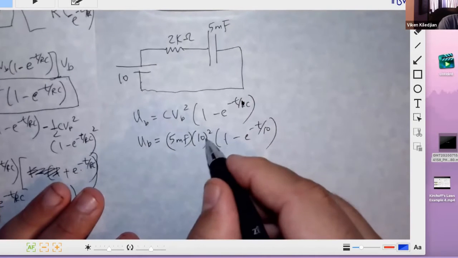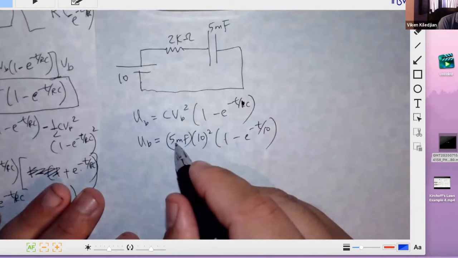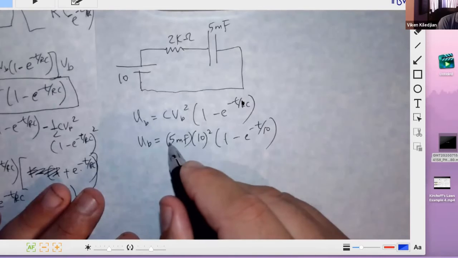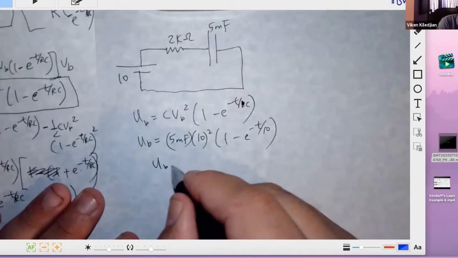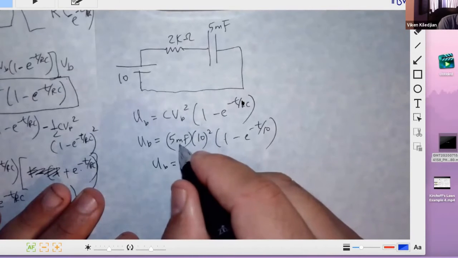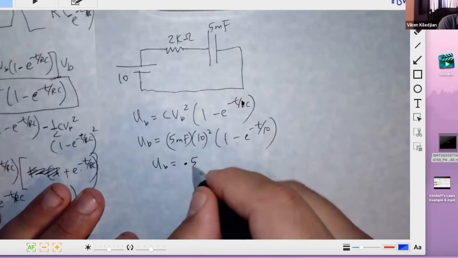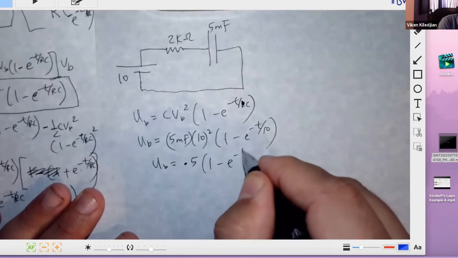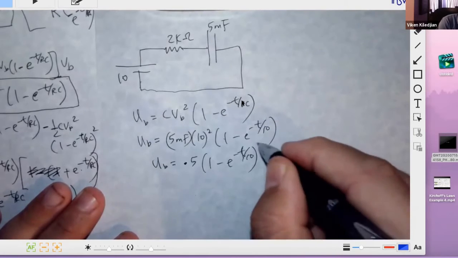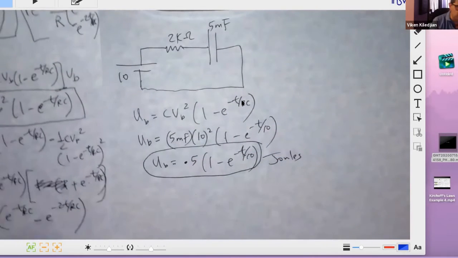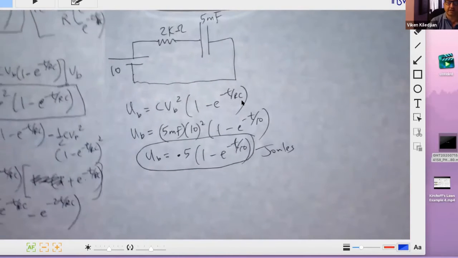So this would be 100 times 5, which is 500 millifarads. So 500 millifarads, so then that's 0.5. So this is in joules then. This is how much energy the battery is going to produce as a function of time.